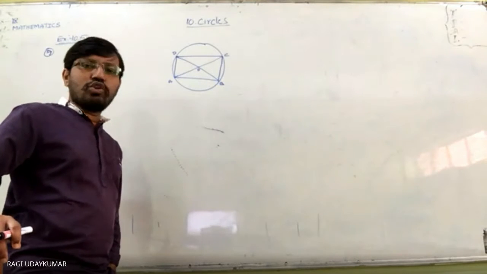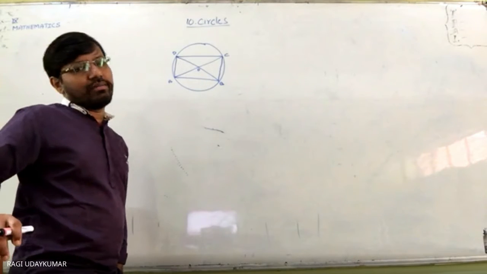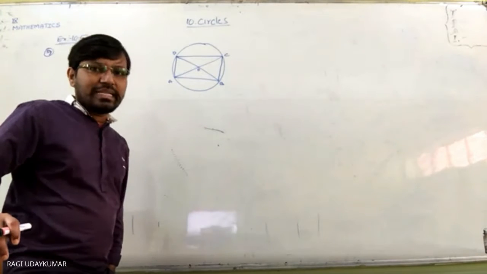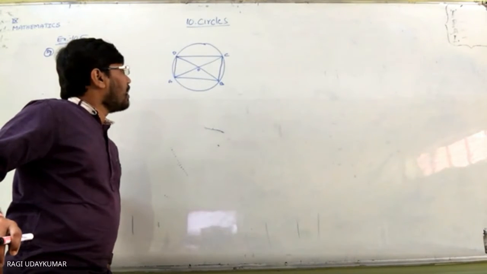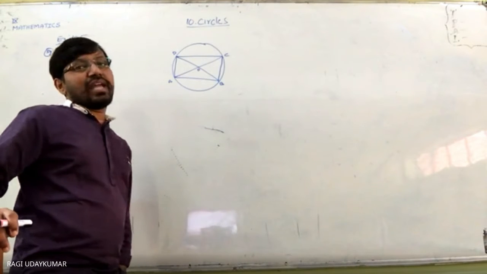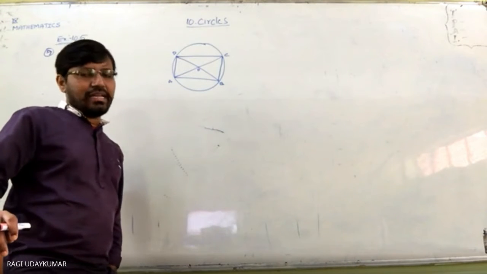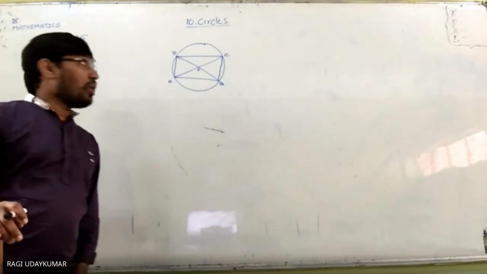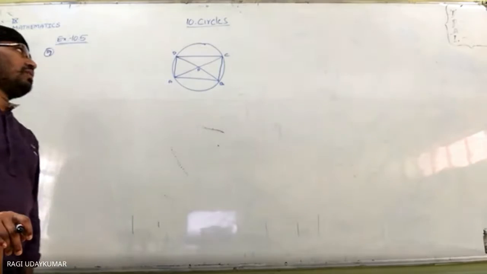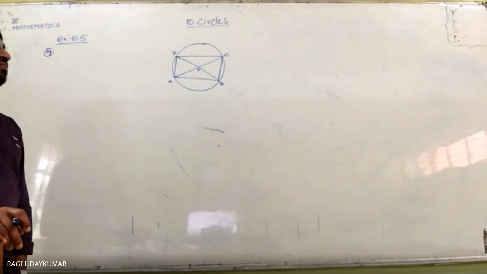So if you are able to prove that ABCD is a parallelogram and one angle is 90 degrees, any one angle, then it is enough for you to say this is a rectangle. So to prove it is a parallelogram, what can be taken into consideration?